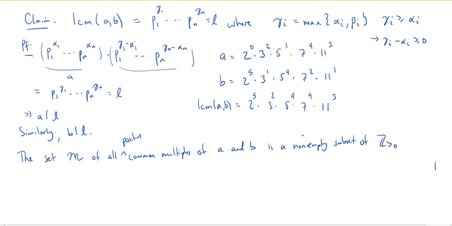Okay, why is it non-empty? Well, we know that A times B is a multiple of both A and B. So we have a non-empty subset, and so there is a smallest element.